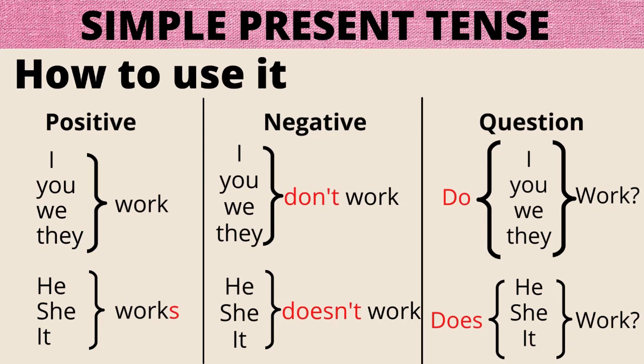So instead of saying I do, we say do I. Alright? So let's look at the examples. Do I work? Do you work? Do we work? Do they work? And for he and she and it, we say does he work? Does she work? And does it work?